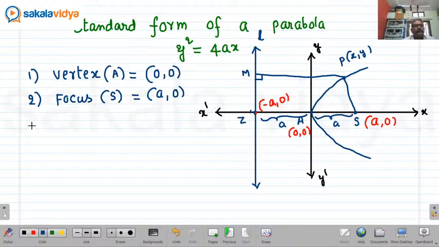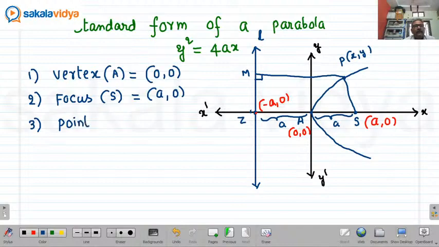Third point: the x-axis is called the axis of this parabola, and the foot of the perpendicular from the focus to the directrix, the point of intersection of the directrix and axis, is (-a, 0).